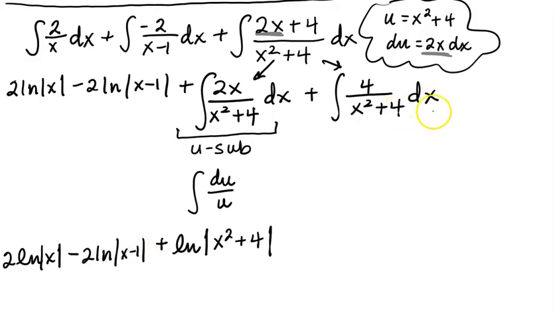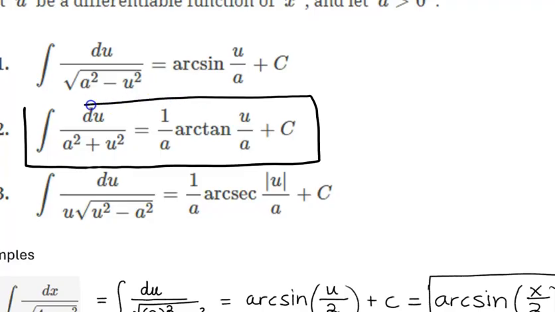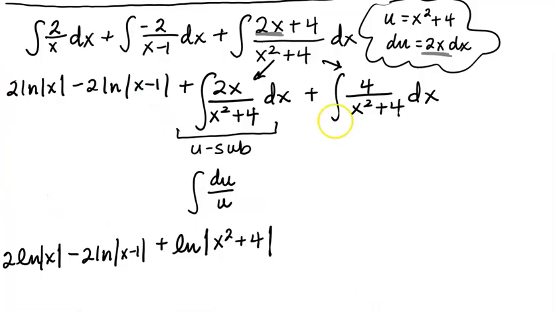For the last integral, that is an inverse trig rule that goes back to 5.8. That is an integration rule for arctangent. So looking back at 5.8, that is this rule right here, because we are integrating 2 squared plus x squared, which does show up in the denominator.